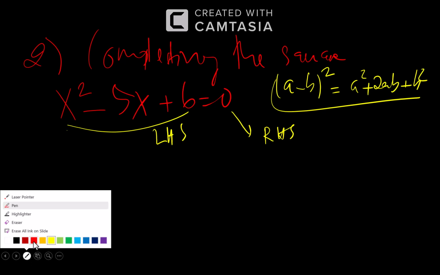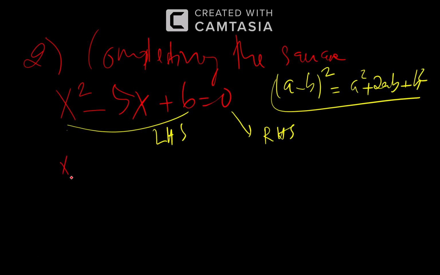So you can keep x squared minus 5x on the left hand side, and we move positive 6 to the other side, so it becomes negative 6.